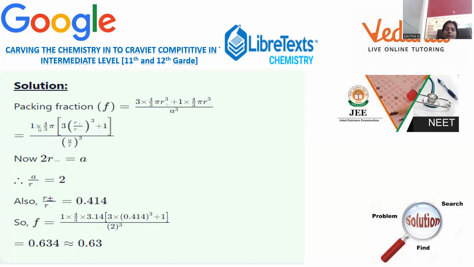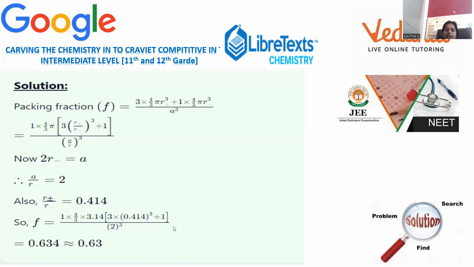Here the equation will be 1 into 4 by 3 pi. The pi value, 22 by 7, can be simplified as 3.14, right? So here 3 remains as 3 only. And r plus by r value is 0.414, and here we have the cube, so let me put a cube over here.